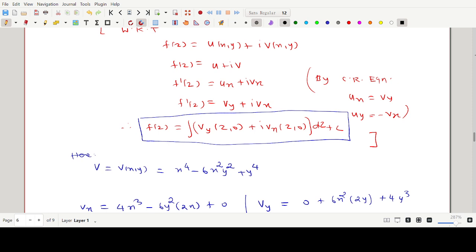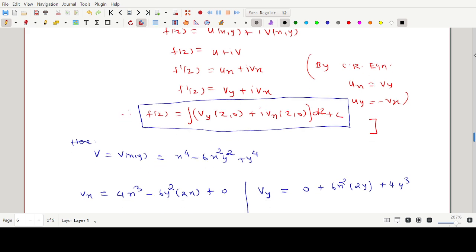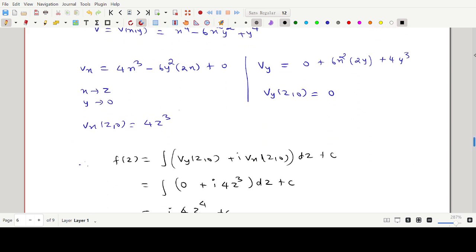By the formula, find f dash of z in terms of v, because the imaginary part is given. So to form f of z, this is the formula. Following this formula, we get the corresponding analytic function in a very easy manner.